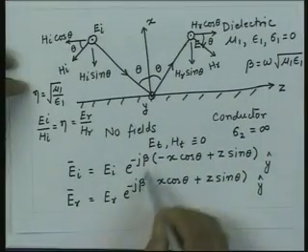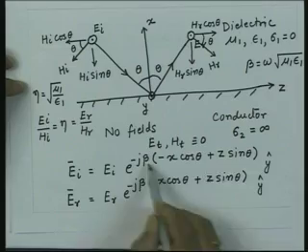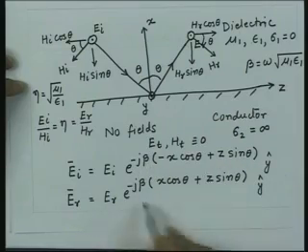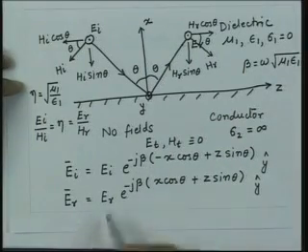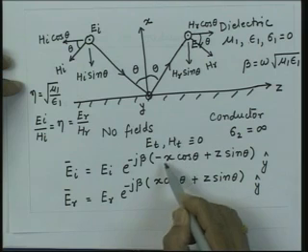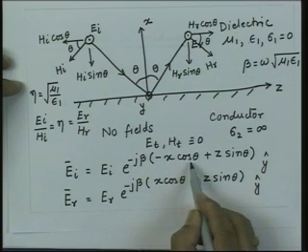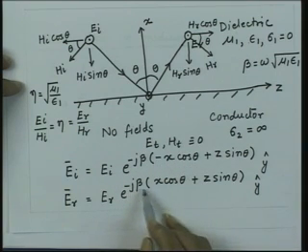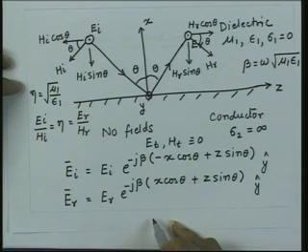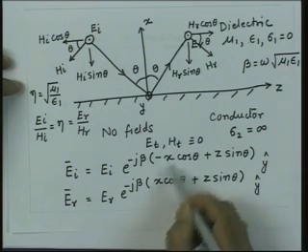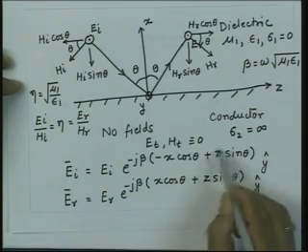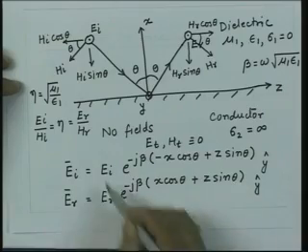This quantity, e to the power minus j beta z sin theta, is the same for these two; only the sign of these is different. This will be plus j beta x cos theta, this will be minus j beta x cos theta. So, these two are different for the two waves, but this quantity is identical for the two waves.